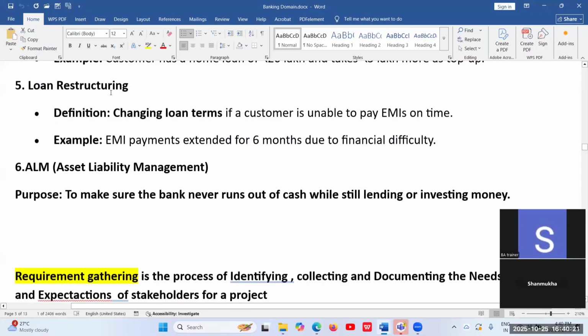Loan restructuring means changing loan terms if the customer is unable to pay EMIs on time. Restructuring is a word we use in the banking industry, especially when you are not in a state to pay the amount as agreed, due to various reasons such as recession. Suppose you left your job or were affected by the recession.